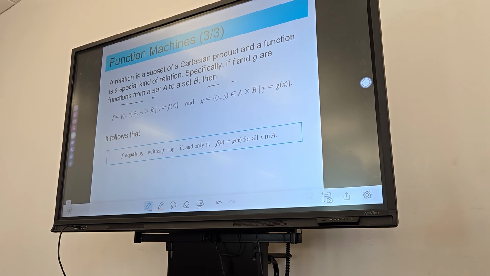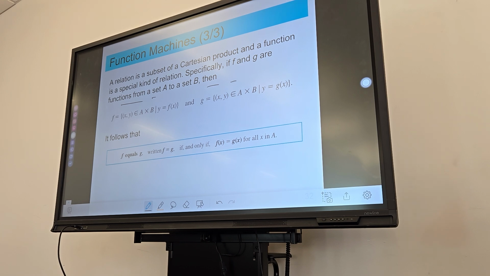Specifically, if f and g are functions from set A to set B, it follows that f equals g if and only if f yields the same answer as g given an input x.